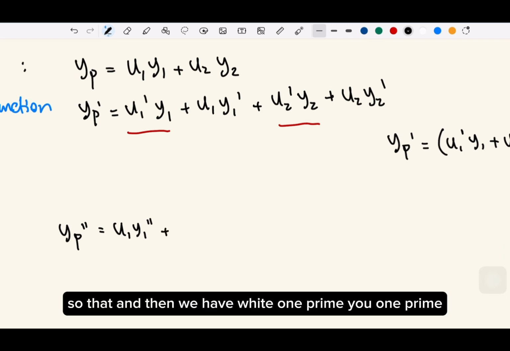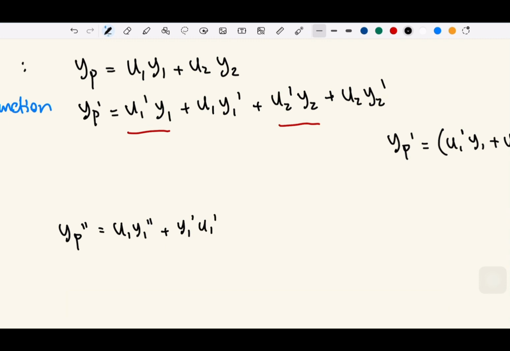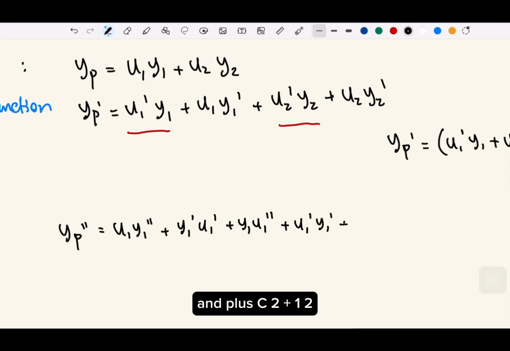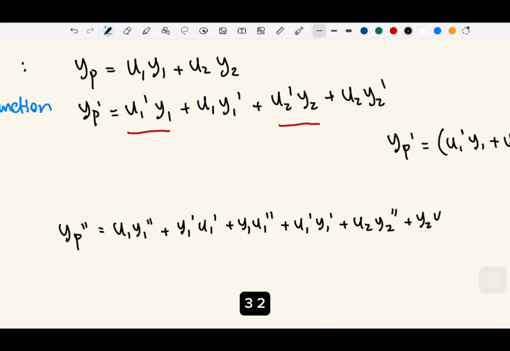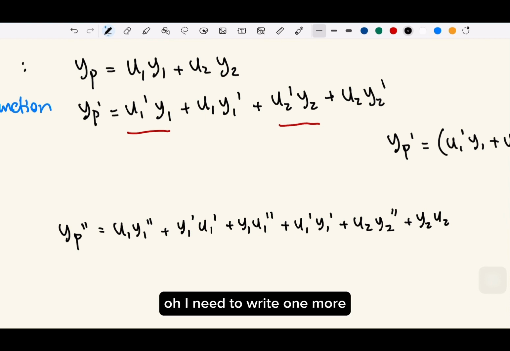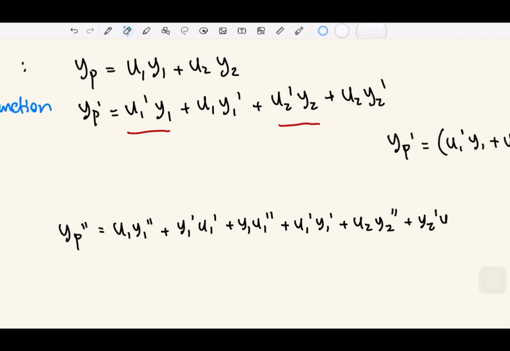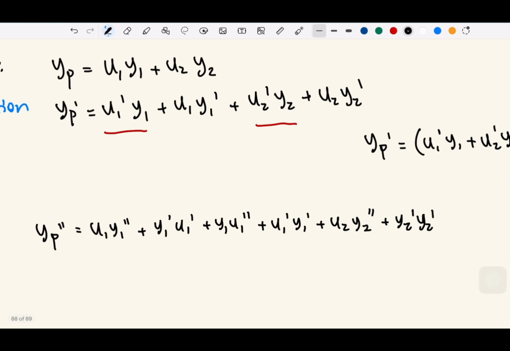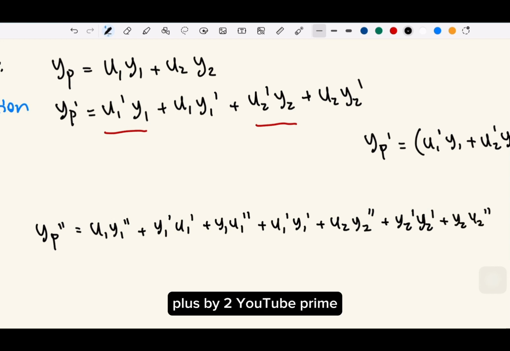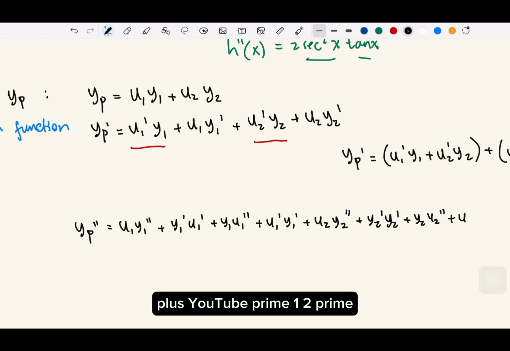So we have y1 prime u1 prime plus y1 u1 double prime, plus u1 prime y1 prime, and then plus u2 y2 double prime plus y2 prime u2 prime, plus y2 u2 double prime plus u2 prime y2 prime.